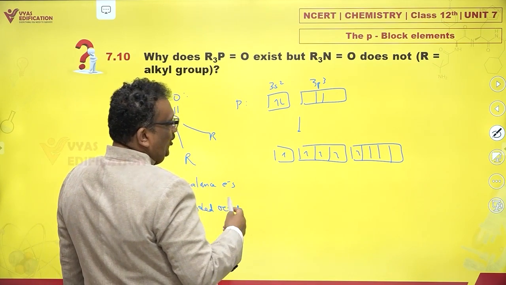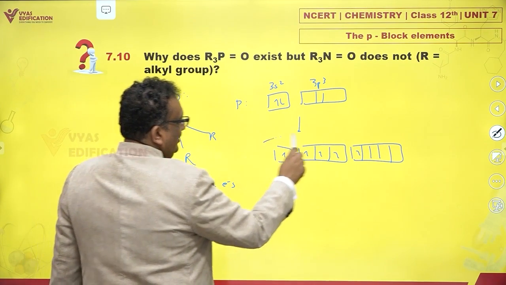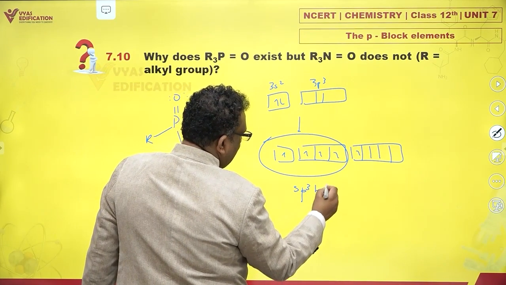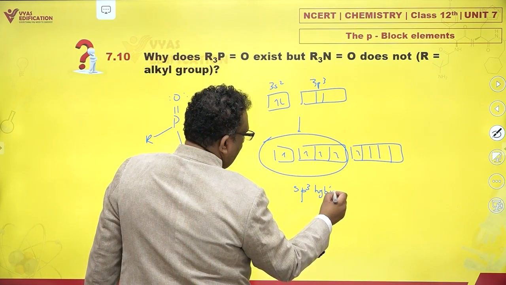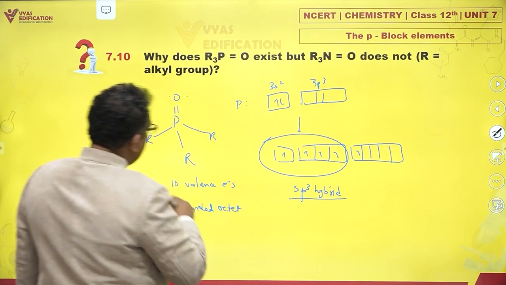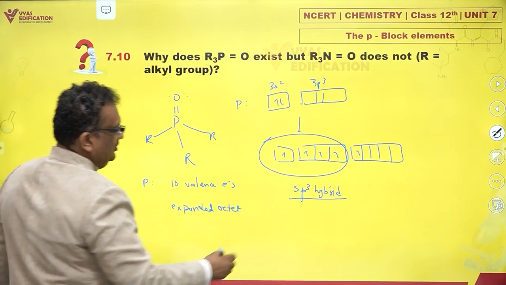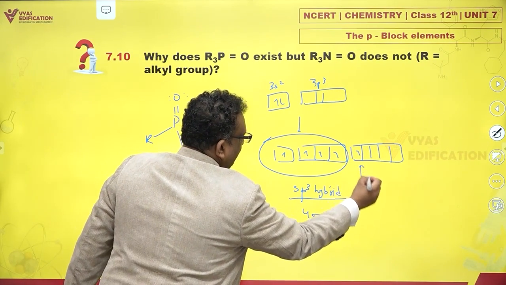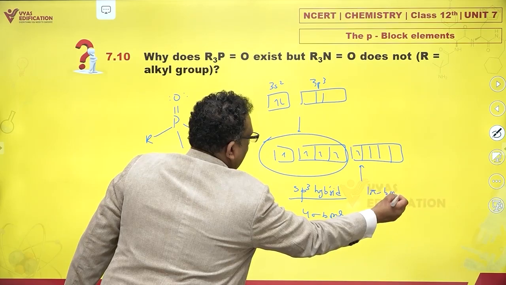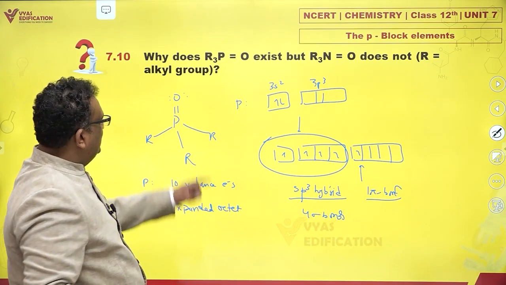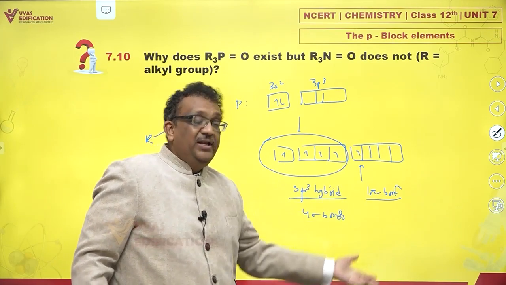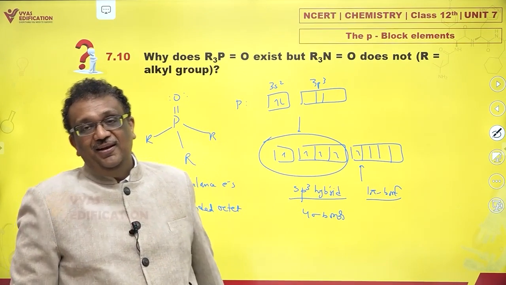And I hope you can see that in this case, this is sp3 hybridization, as you can see with the 4 sigma bonds. And there is 1 pi bond. And this pi bond is formed by the electron which had been excited to the d subshell.